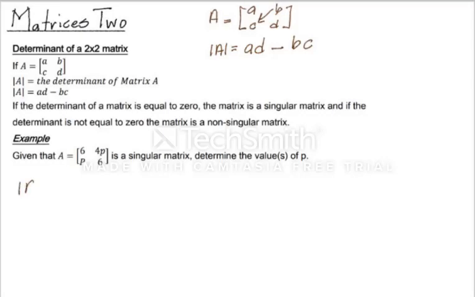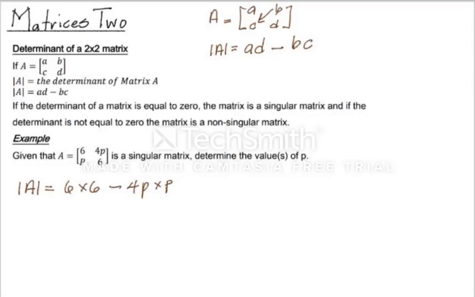So the determinant of A would be equal to 6 times 6, which is 36, minus 4p times p. Let's spell it out. That would be the determinant.